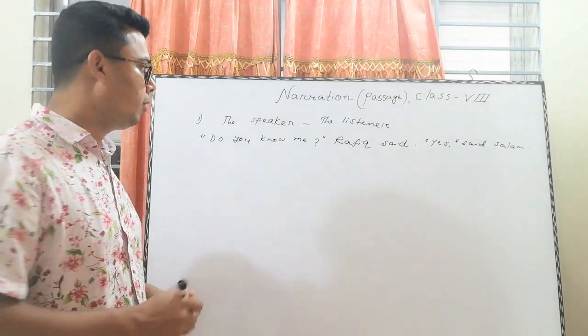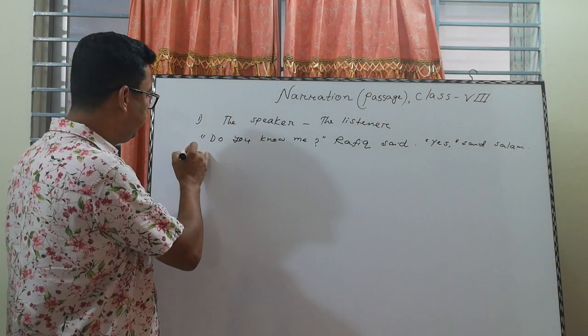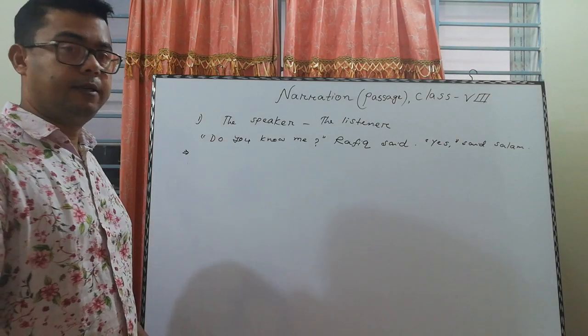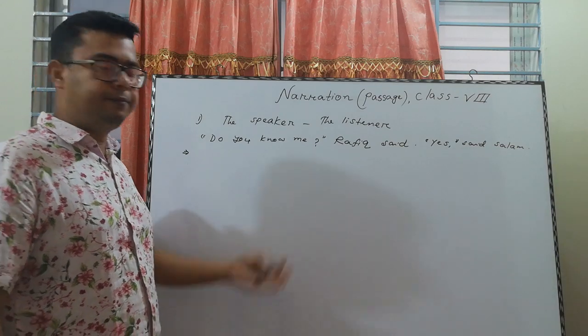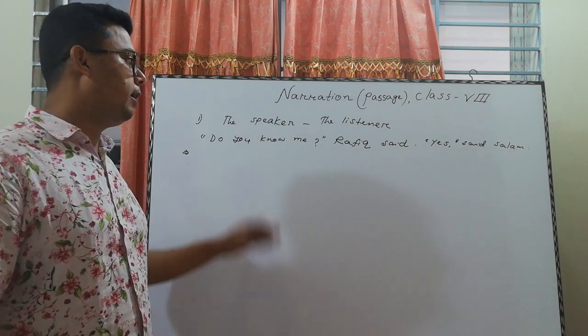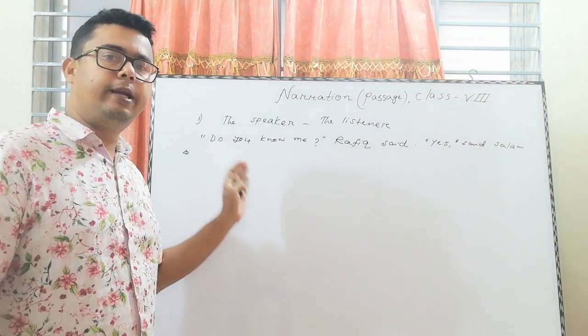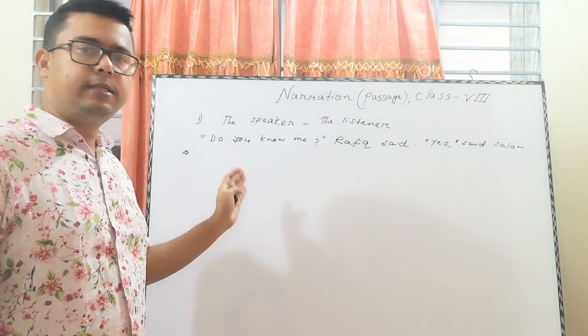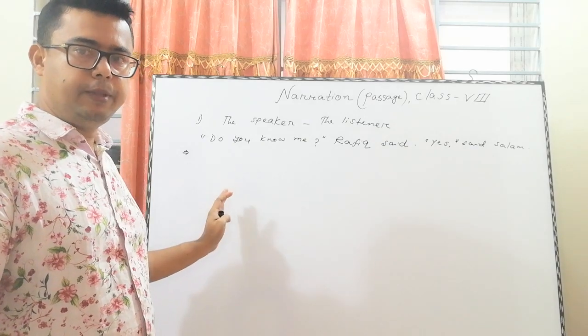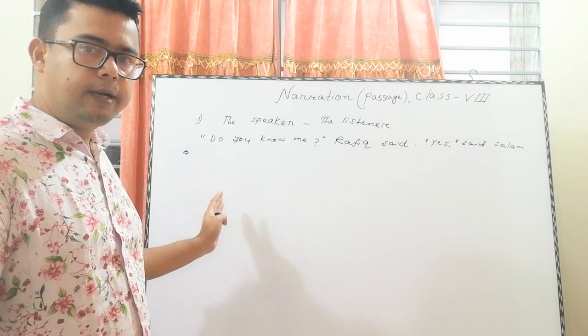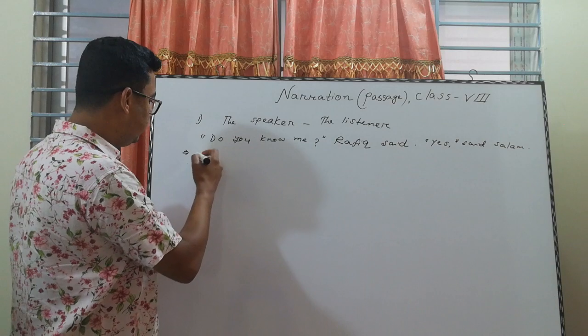Is it clear? Okay. Whatever the position of the speaker and listener in the direct speech, when you write this in passage narration, you have to put them at the beginning of the sentence. So Rafiq is the speaker here.